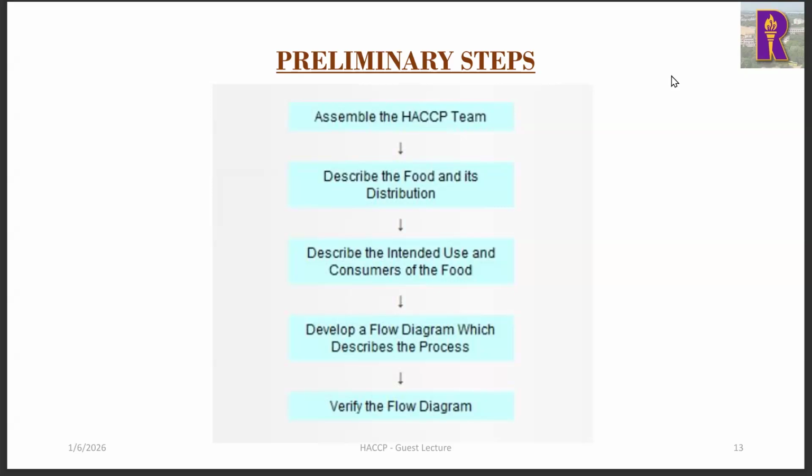That is a simpler way which can be understood by any teammate of the HACCP. And finally, we have to verify the flow diagram, whether it is in an appropriate way so that we could go on with the next step. So these are the basic preliminary steps, not only for HACCP, it is a common thing for any problem solving technique.